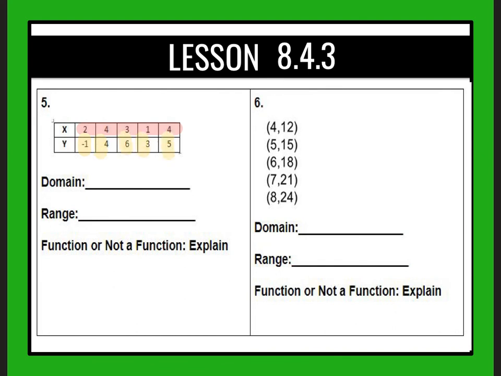Highlight your y values. Do the same thing for your number 6. Highlight your x values. Remember, we don't want any duplicates in our x-coordinates. So highlight them, write your domain, write your range, and then identify whether or not you have a function.